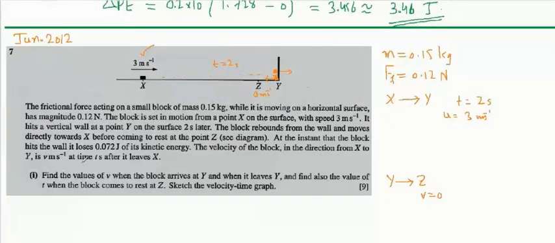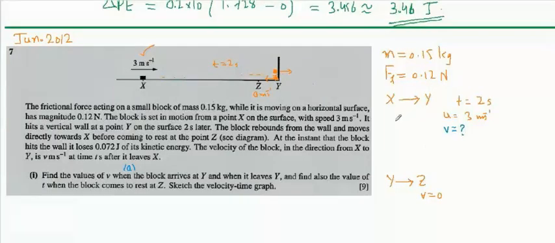So there are many parts in this question. The first part is to find the value of v when the block arrives at y, to find the speed by which it will hit y. In this stage, we have to find the value of v.